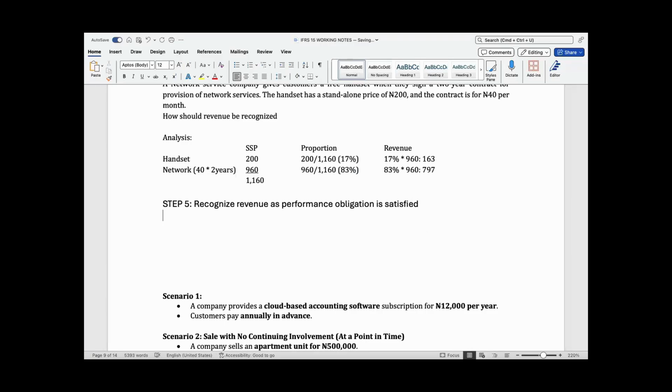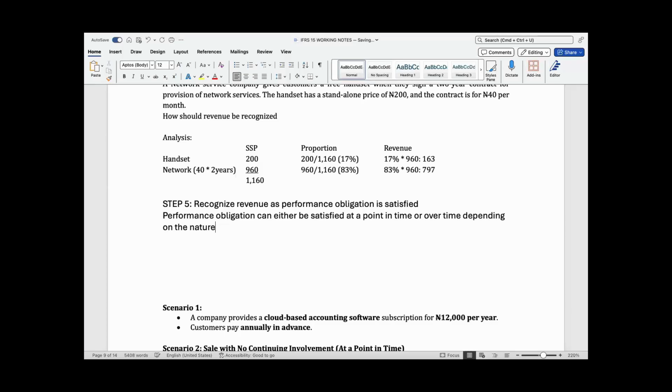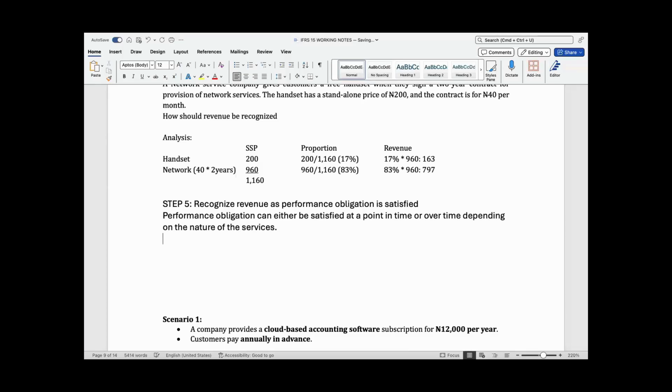So, a few things we need to note here is that performance obligation can either be satisfied at a point in time or over time, depending on the nature of the services.